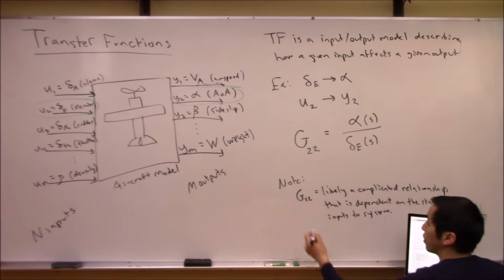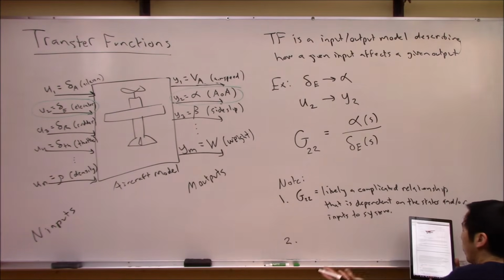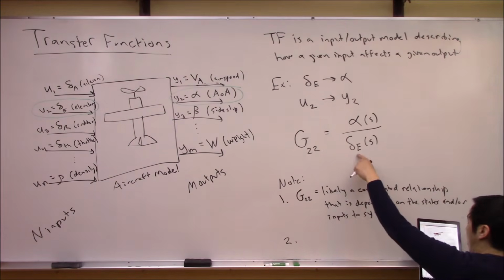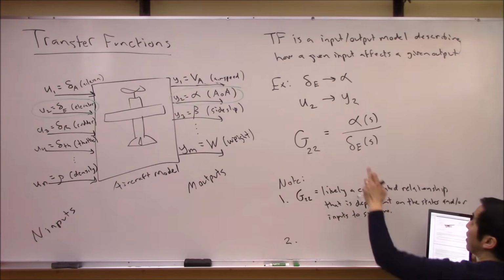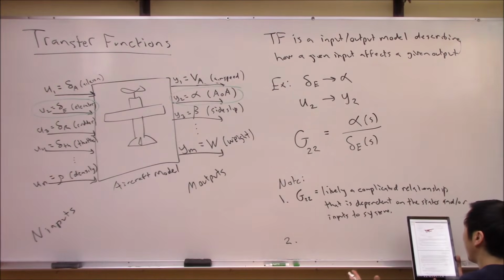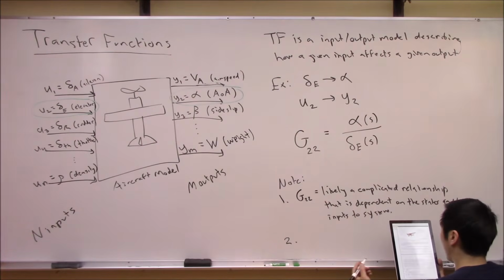The other thing to note here, let's make this point 1 here, and point 2 here is, as we talked about earlier, this single input that we're interested in, the elevator, sure, it's definitely going to affect the output that we're interested in, namely the angle of attack, but it's very likely to affect other outputs besides the one that we're interested in. So let's just write that down first.